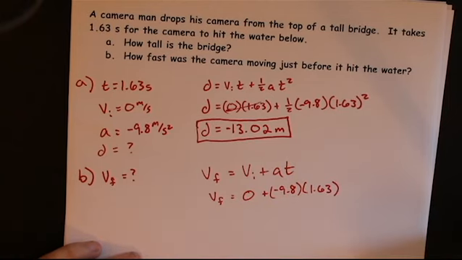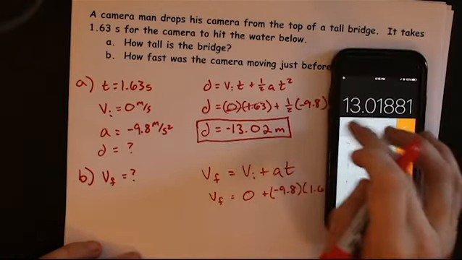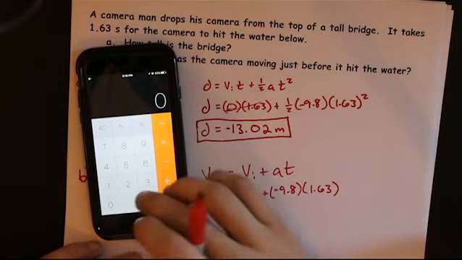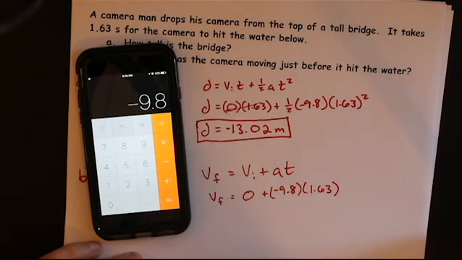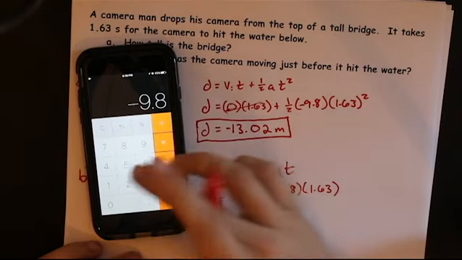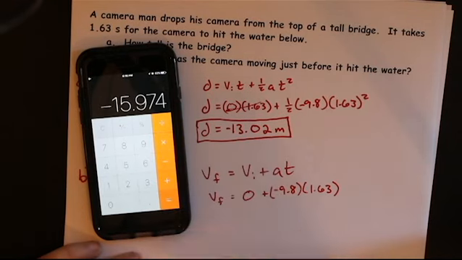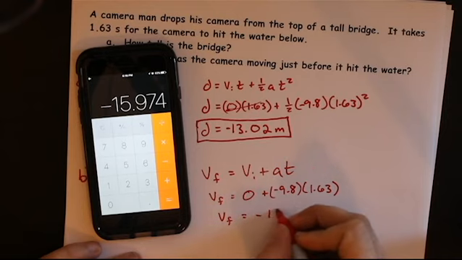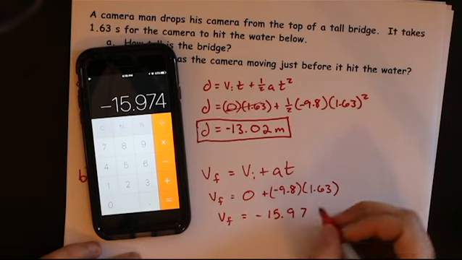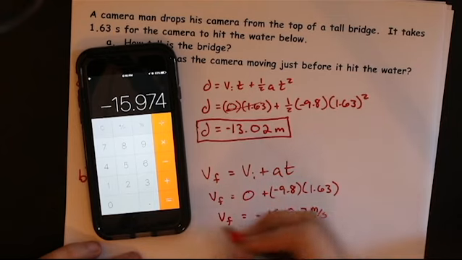So, let's go ahead, plug these numbers into my calculator. We have negative 9.8, oh that's what I did wrong last time, 9.8, then you push the negative sign, times 1.63. So my final velocity is negative 15.97. And then the units for velocity, meters per second.